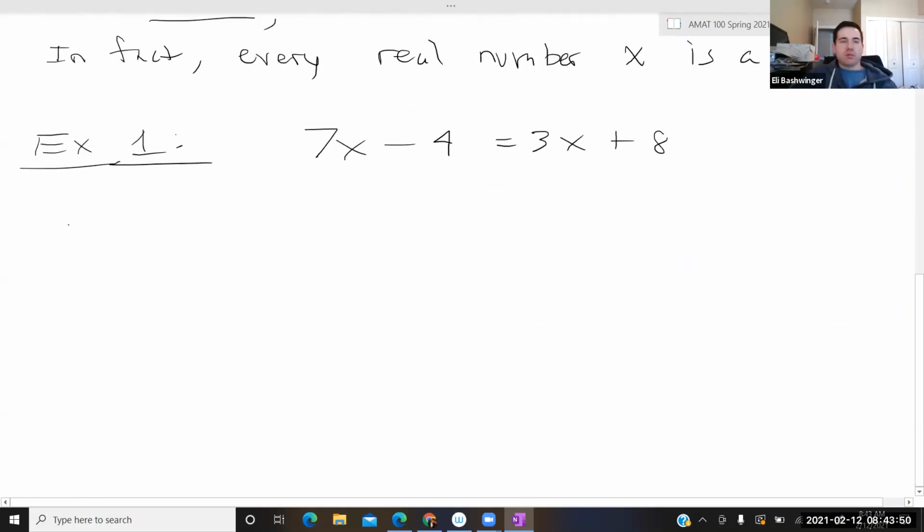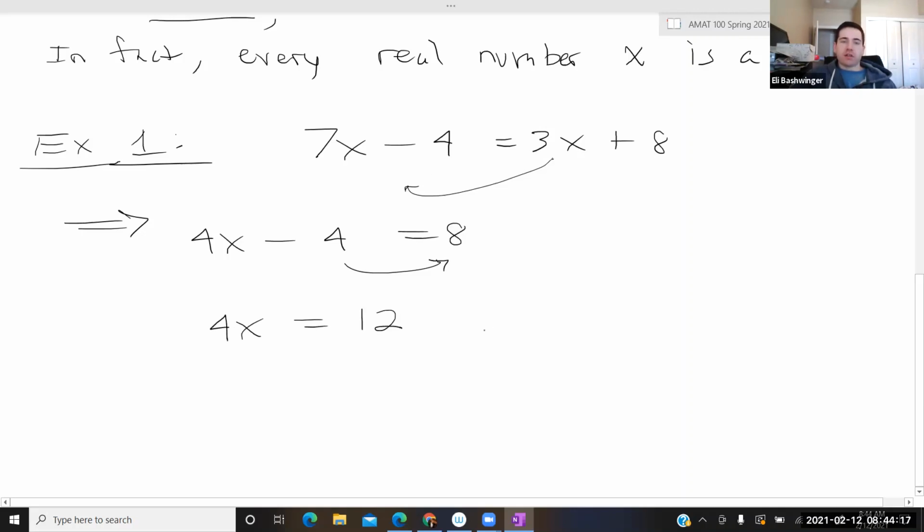The idea is to isolate x on one side, and put all the constant terms on the other side. So we'll bring the 3x over to the other side by subtracting 3x. If we subtract 3x, we get 4x minus 4 equals 8. Then we want to put this 4 on the other side by adding 4 to both sides of the equation.